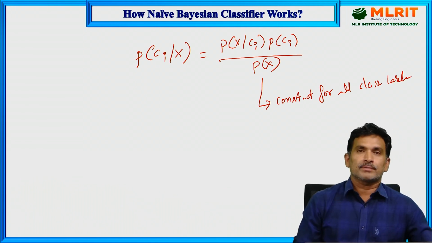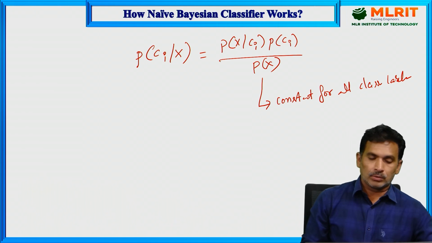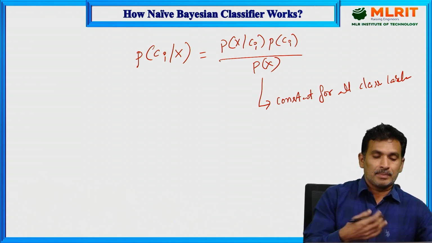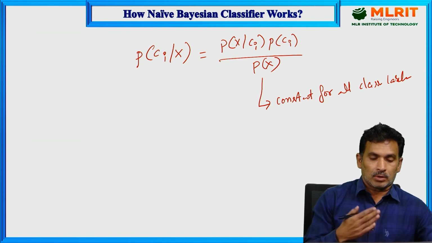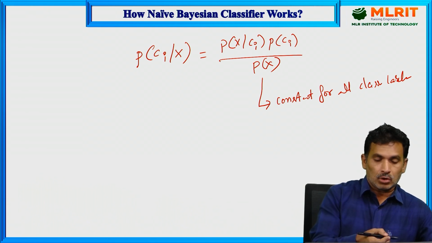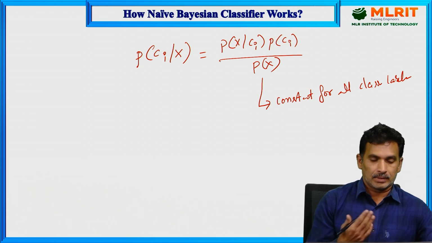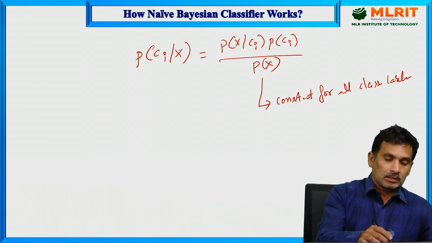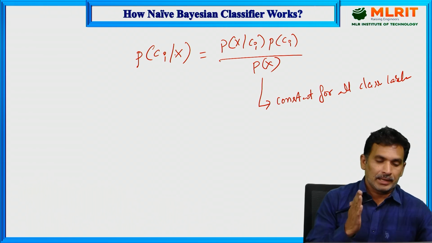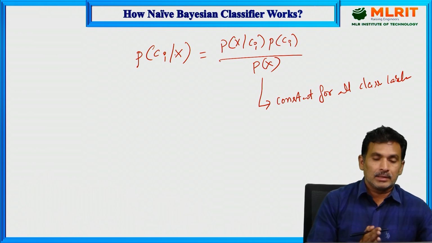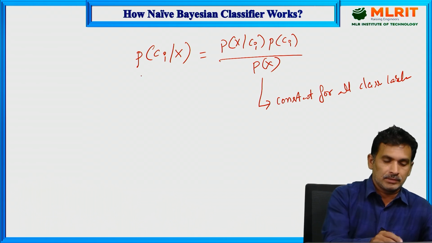Our objective, as per the Bayes theorem, is that the class label Ci with the highest probability is the class label of a particular tuple x. That is called the maximum posterior probability. This is a posterior probability.